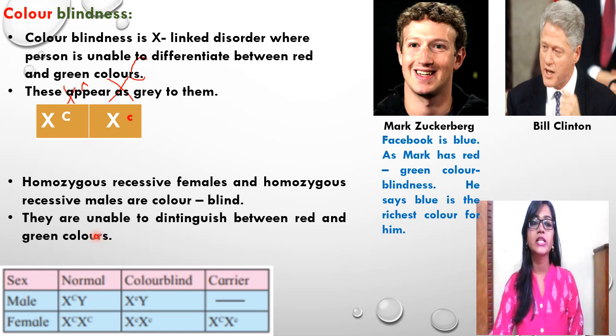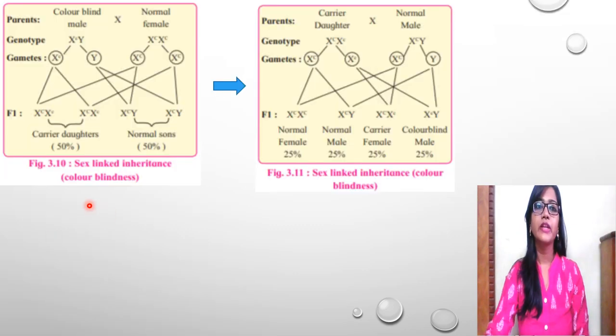We will see in the next slide how color blindness gets passed from one generation to the next. In this slide we are going to discuss two cases. This is one diagram and this is another diagram. Here we are going to talk about how color blindness is inherited from one generation to the next.